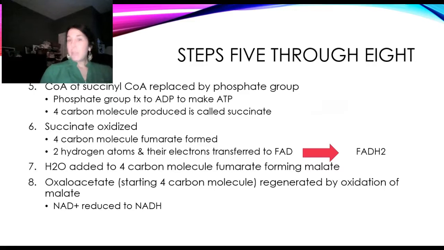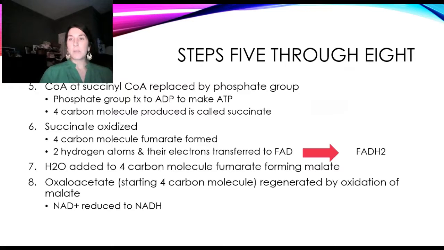So steps 5 through 8. In step 5, the CoA of the succinyl-CoA is replaced by a phosphate group. And the purpose of that is to make ATP. So we have a transfer of a phosphate group onto an ADP molecule to make ATP, which of course means there are 3 phosphate groups.